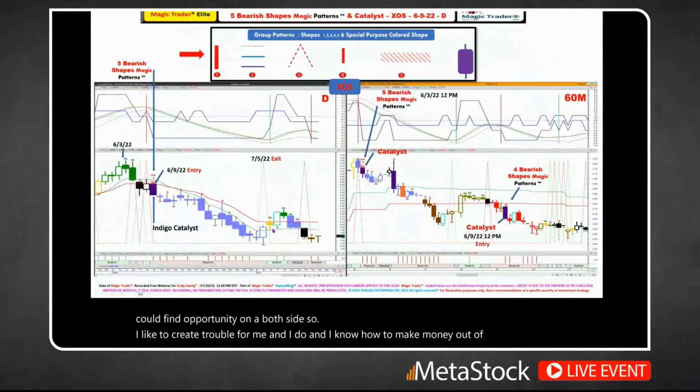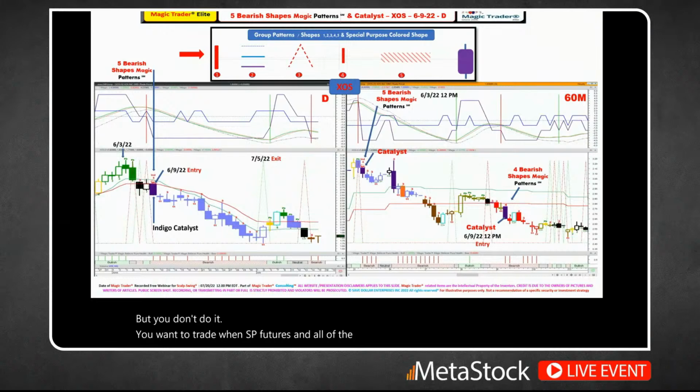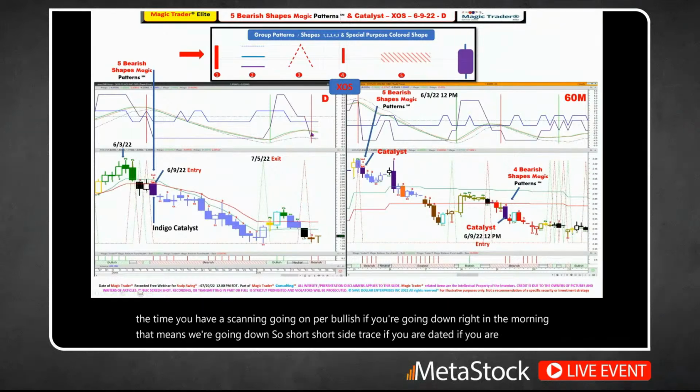Everybody sees it in the trading room. You want to trade when S&P futures and all of the futures are going in the same direction. That's the time you have a scan going on for bullish. If it's going down in the morning, that means we're going down, so short side trades if you are a day trader. If you are a swing trader, you act accordingly.